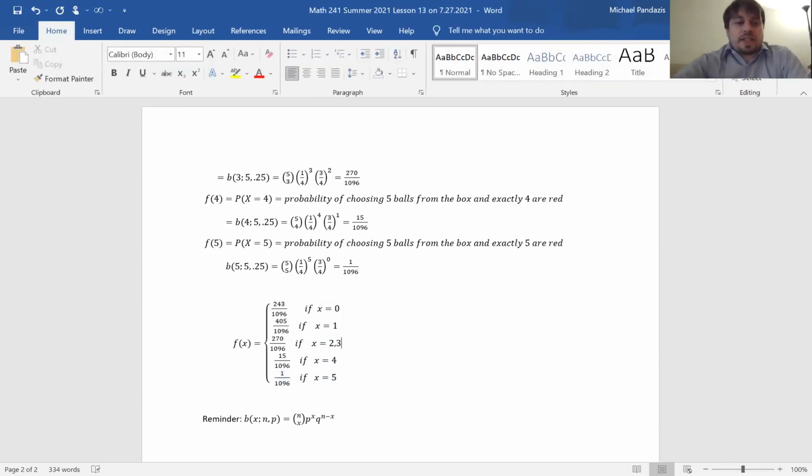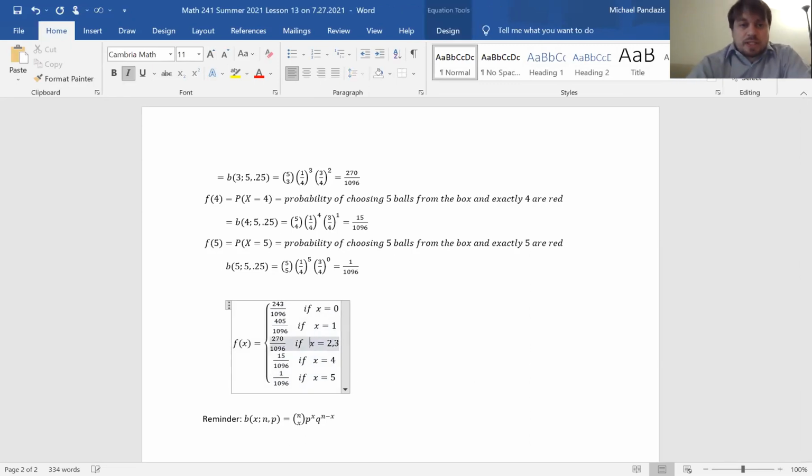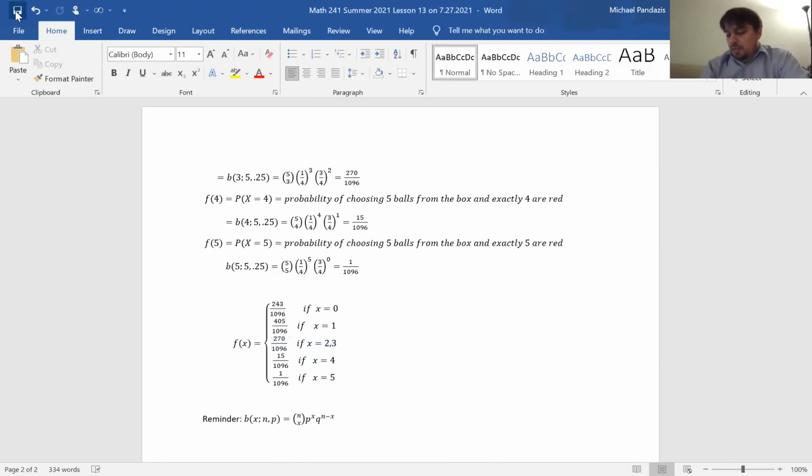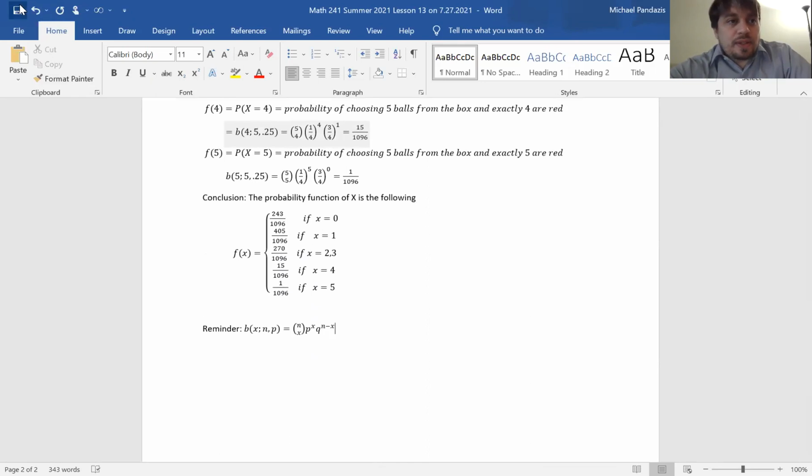And so that is the probability function of X. So, conclusion: the probability function of capital X is the following. This. All right? And so now we are done with that problem. Any questions about this problem?